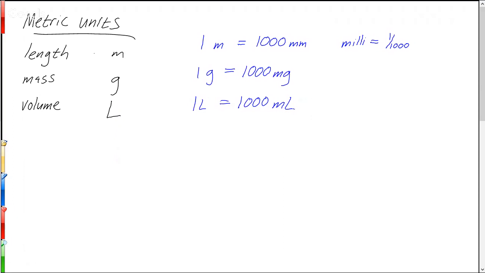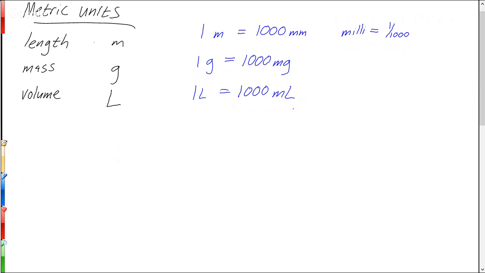So any unit you can come up with, you can have milli of that, which tells you a 1,000th of it. So there would be 1,000 of them in that. So we can write these equivalents, and we're just going to stick with that one for now before we look at some other prefixes and talk about how we express units in these different forms.